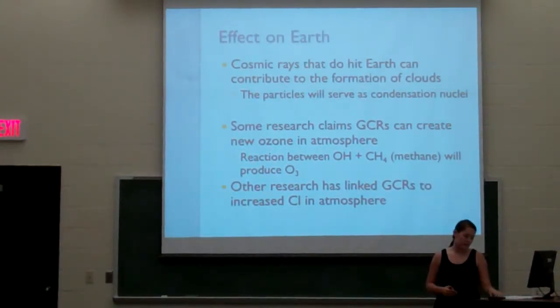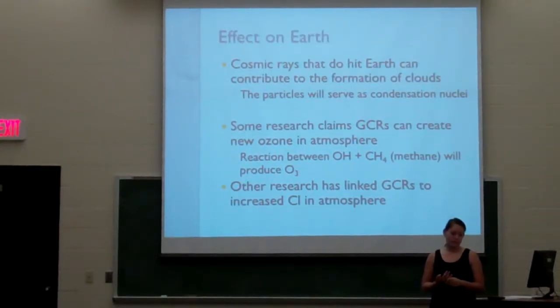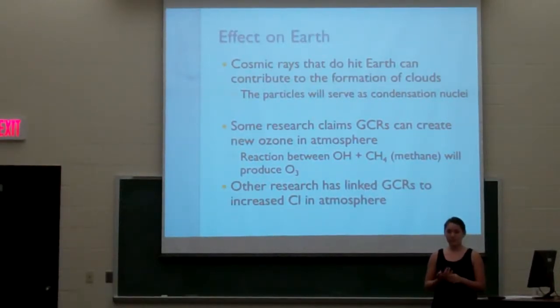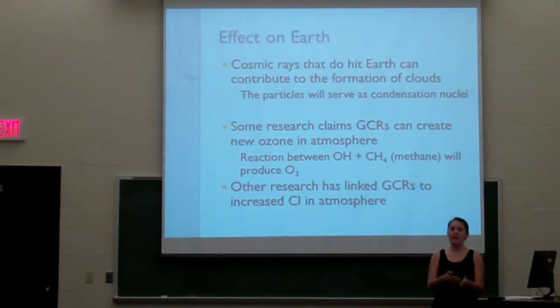They don't produce it, but they can help Cl be released from something called human-made chlorofluorocarbons. That's where the chlorine comes from, but their reactions with those compounds release chlorine into the atmosphere. Increasing chlorine is linked to ozone depletion.